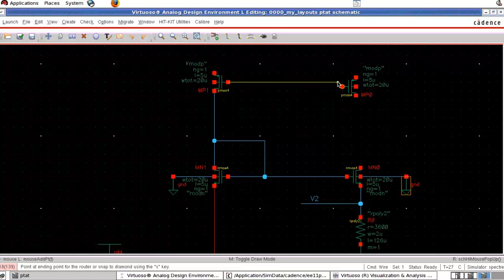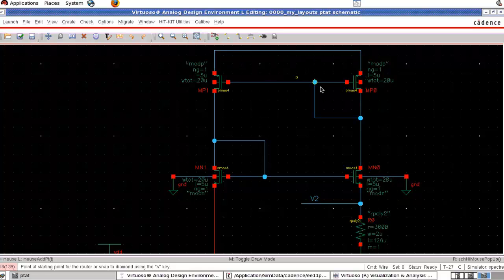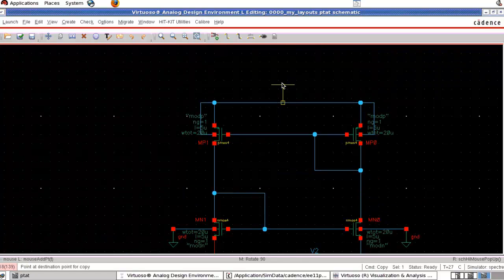Current is determined by the resistor. Here it is connected. This is the standard simple current mirror structure. So the body of the PMOS is connected to supply VDD, and this VDD I want to connect over here.